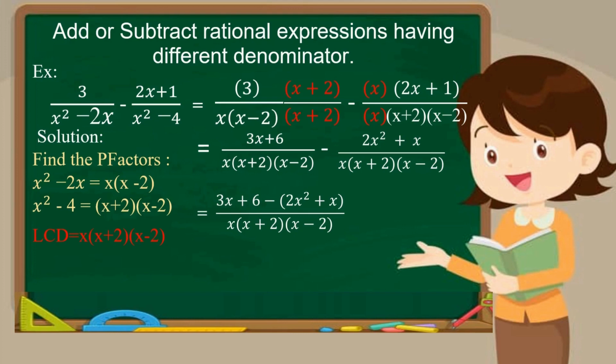Okay? So that now, let's remove. After grouping, we will distribute this negative factor outside. So 3x plus 6, negative 2x, negative times 2x squared is negative 2x squared. Then negative times positive x is negative x. Okay? So there you have x. Na multiply mo lang with quantity x plus 2 times quantity x minus 2 sa ating denominator.